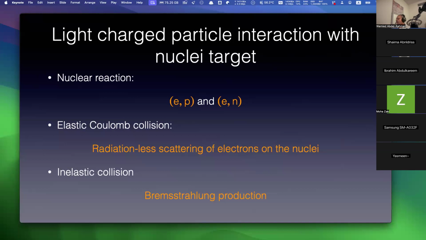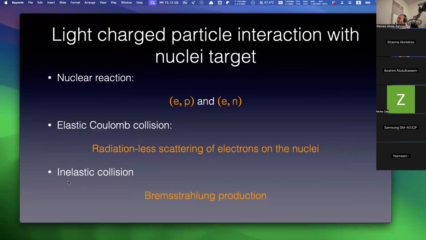An electron interacts with the nuclear target, and then it gets deflected. When it gets deflected or scattered, it will be scattered with the same energy it had initially, and no radiation is emitted, no bremsstrahlung is emitted.